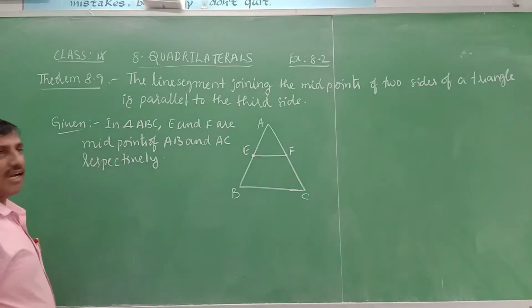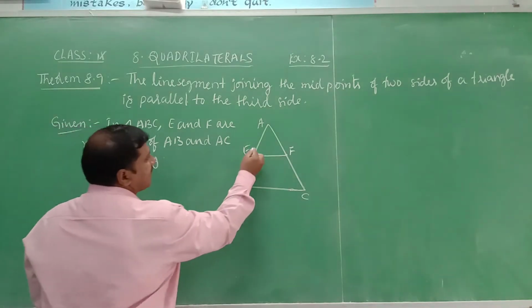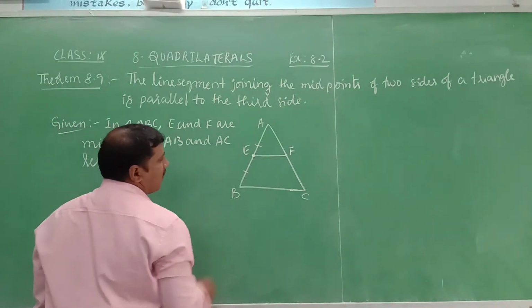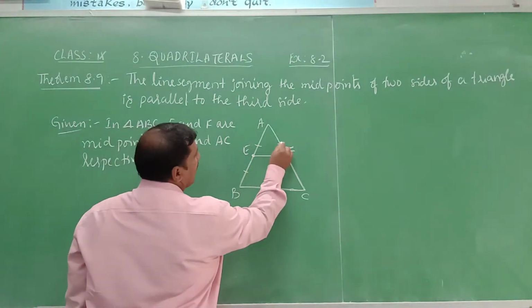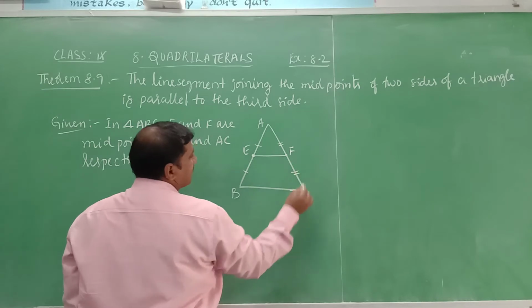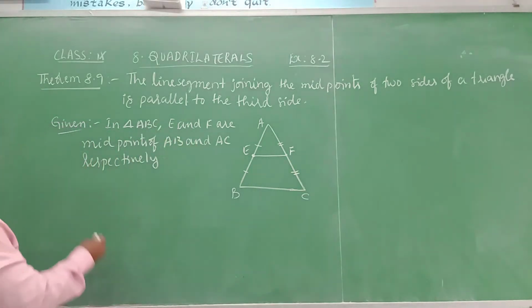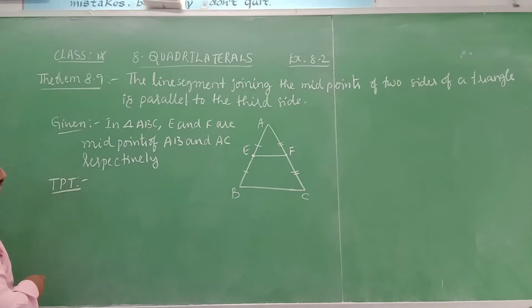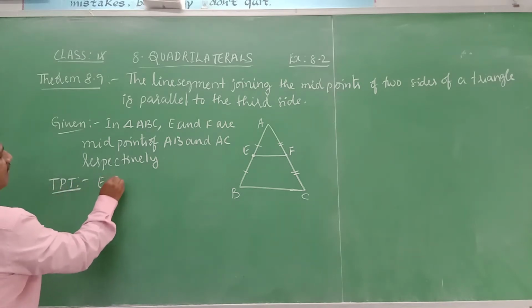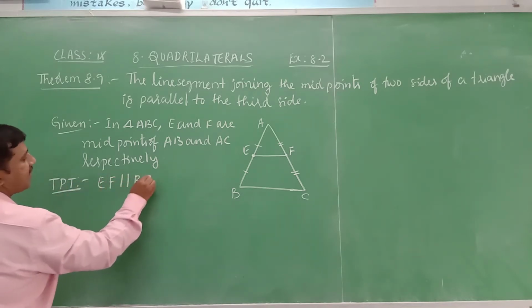It means AE is equal to EB and AF is equal to CF. What we have to prove is that EF is parallel to BC.